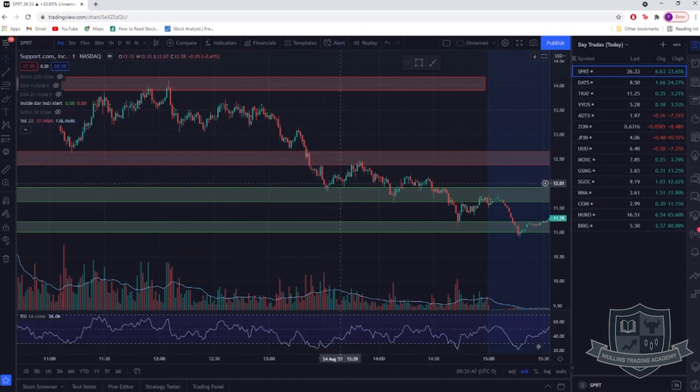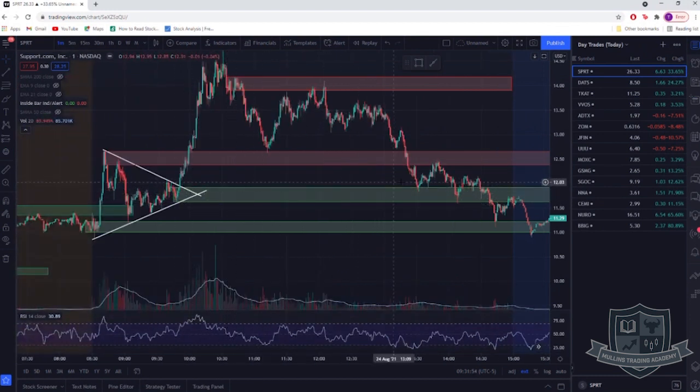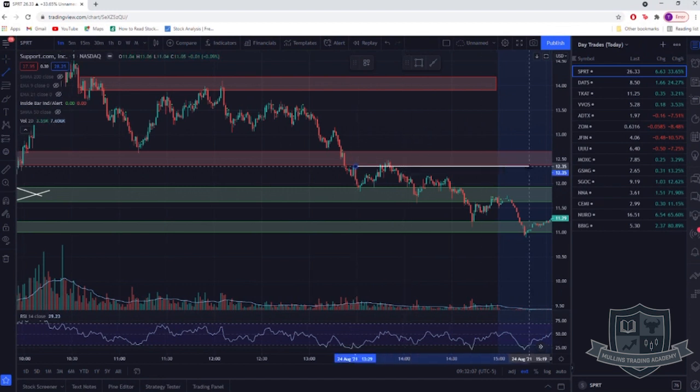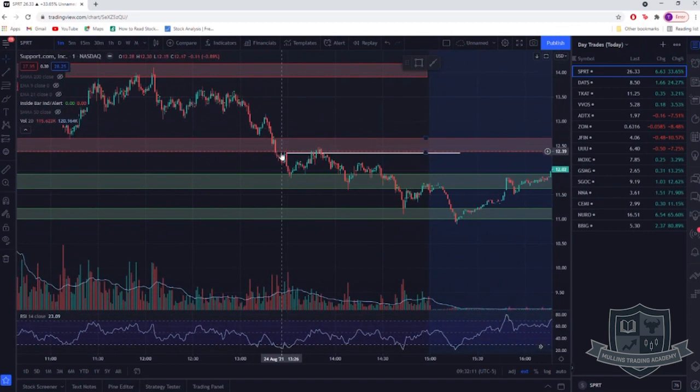And then you get this nice push up, maybe some shorts taking profits, maybe some longs thinking, oh, we're at this zone, maybe we can get a nice little push here, maybe a scalp. So some people push back up to this zone, and more people are trying to get out at break even, and you've got bears who are trying to continue their position here. Because if you think about it on the larger scale, you've got big bear add number 1, big bear add number 2, big bear add number 3.